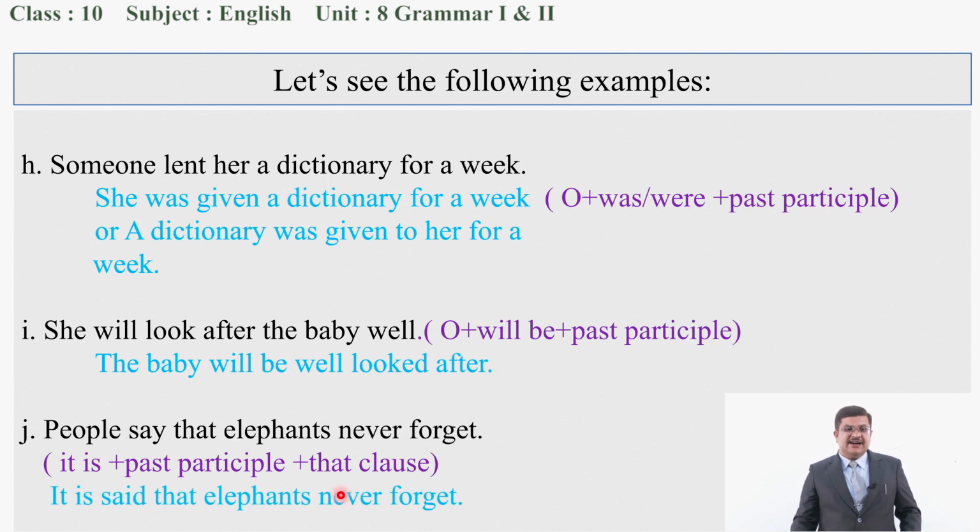It is said that elephants never forget. The past participle form of say is said, and with that clause, that elephants never forget. Very simple. When you say people say that elephants never forget, it becomes it is with past participle of the verb and with that clause.